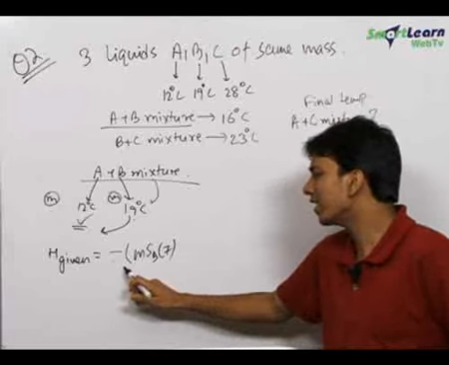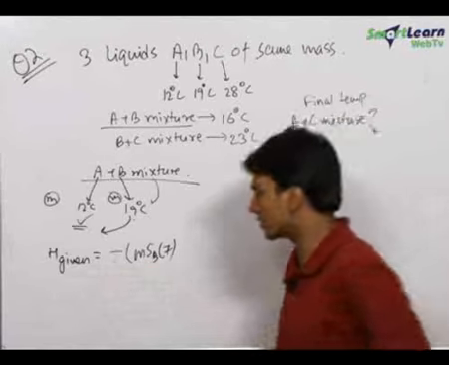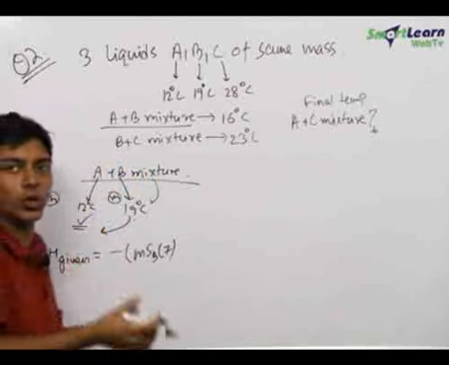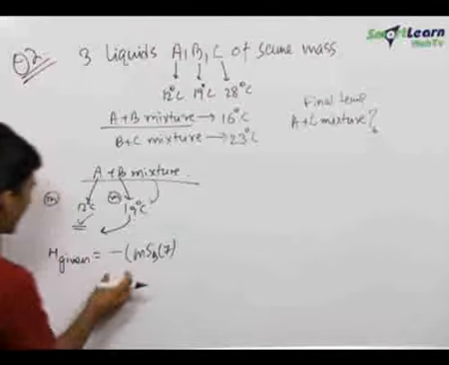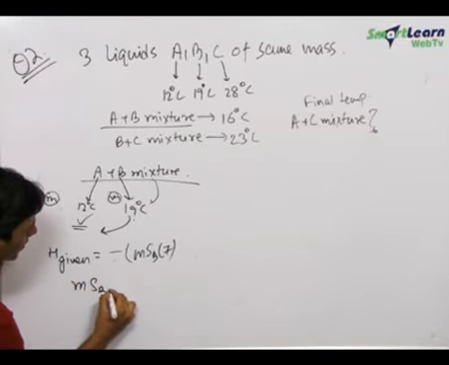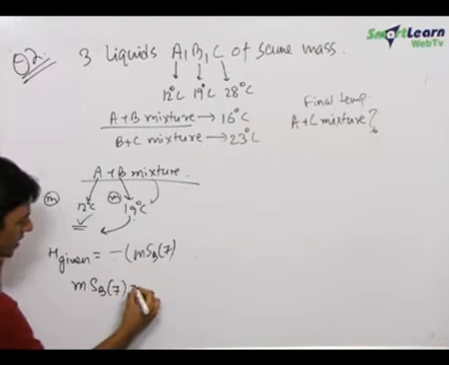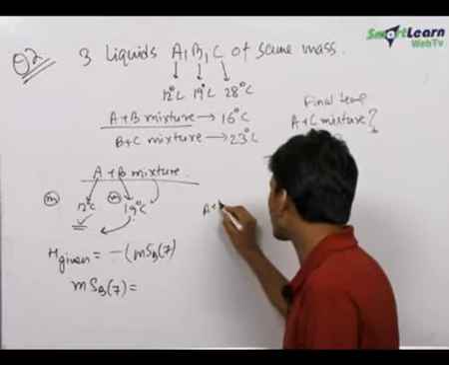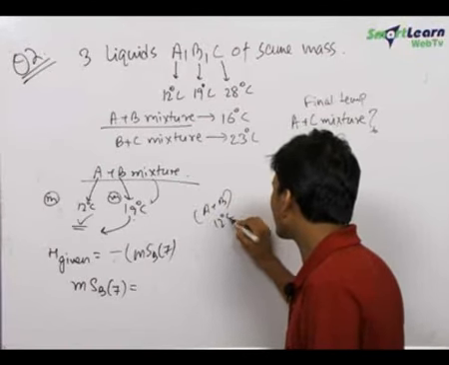The heat given is negative, that means heat is coming out of the system. Now there is no heat coming out or going into the system overall, therefore this much heat should be given back to the system. Therefore M into SB into 7 is equal to, at this moment the whole A plus B mixture was at 12 degrees Celsius.